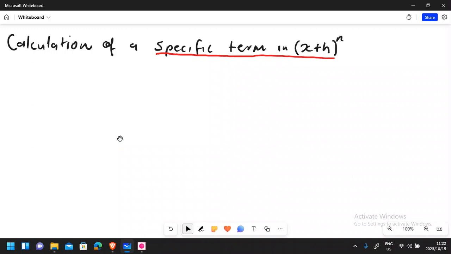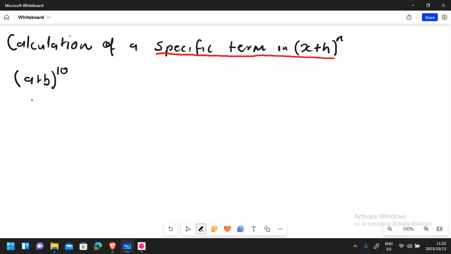For example, they can ask you to find the value of the seventh term, eighth term. So that specific term. So what I'm talking about is the following. Let's make an example. Let's say you have (a + b) to the power of 10.